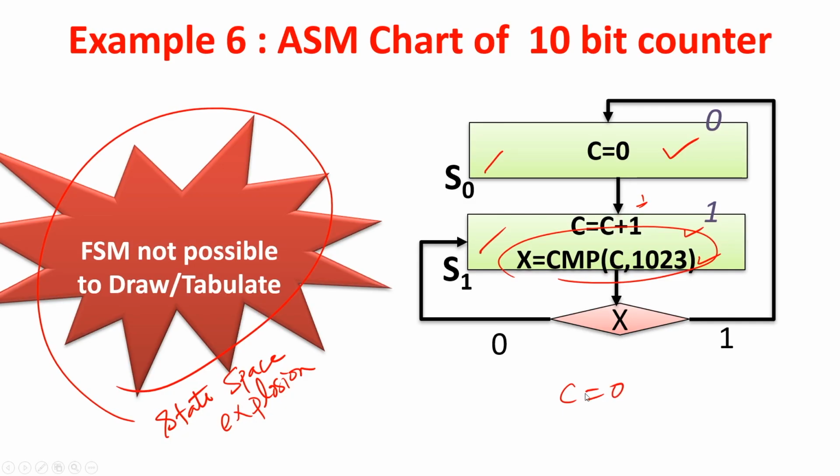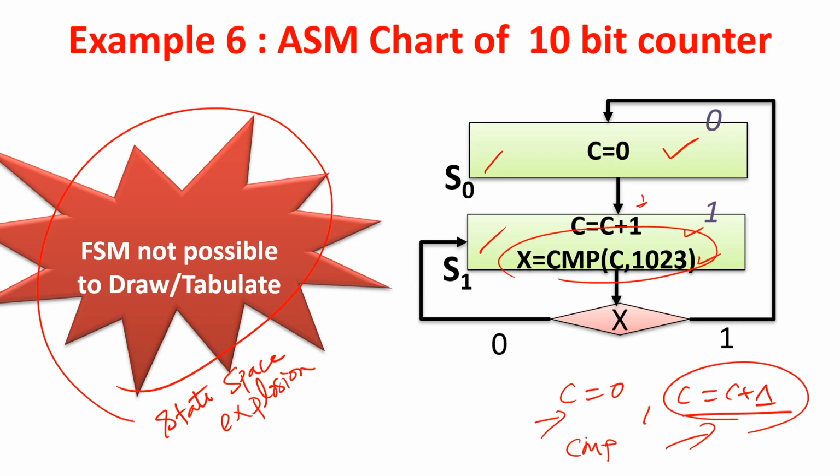And the data path we are specifying here is c is equal to 0, this is a counter, c is equal to c plus 1, this is a counter. Now, this counter we are using as a data path. Whenever you separate it out, there is counter loading, counter increment and comparison, CMP with 1023.